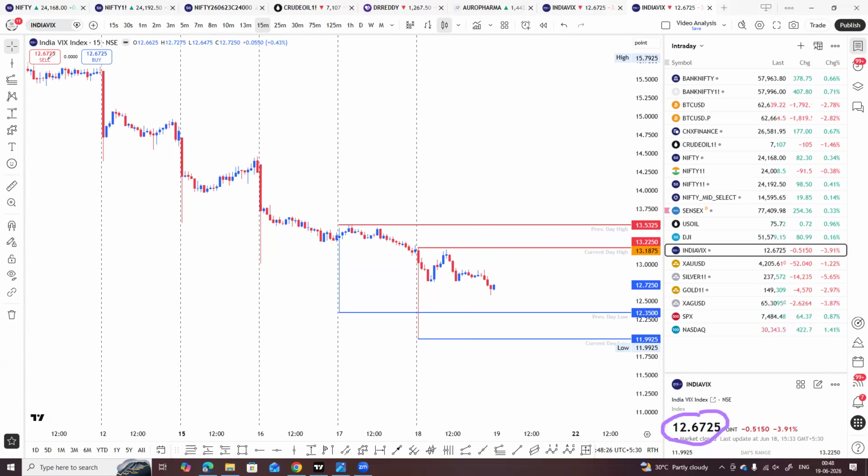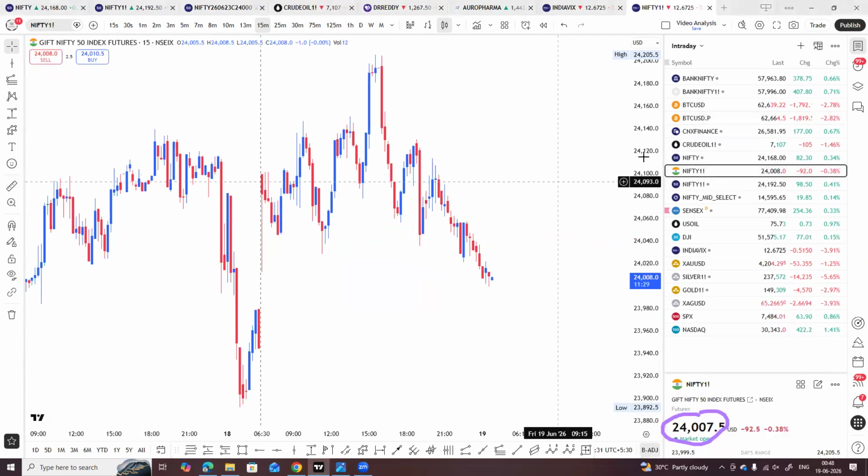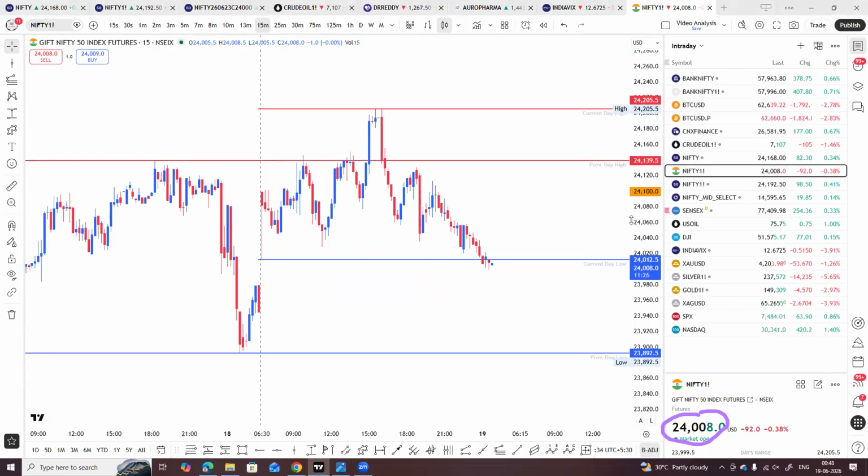Particularly if we see what is happening at the GIFT Nifty, this is the GIFT Nifty at present. GIFT Nifty is currently trading at 24,012 or 24,008 compared to Nifty close here, if you see what Nifty closed at, 24,168. GIFT Nifty is showing weaker overnight sentiment because it made this high and after that it had a decline from that high.